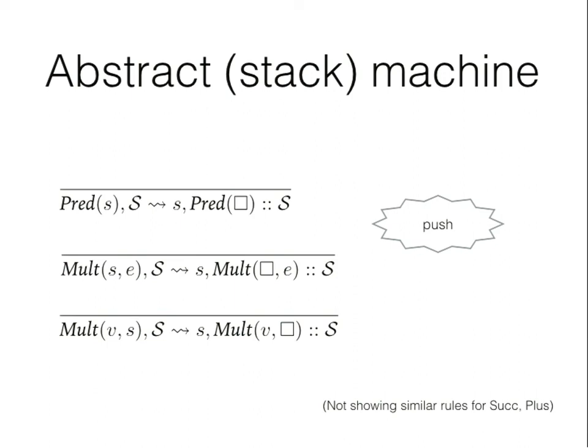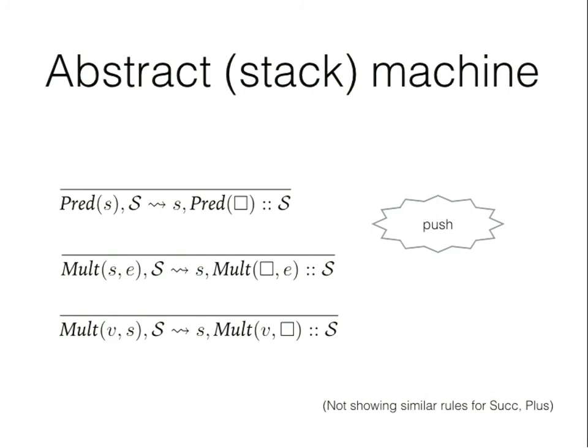And it's building up that context in a kind of inside-out way. If you read that list of frames from the beginning of the list to the end, then that's looking at the context from the innermost part to the outermost part. So there's a correspondence between the stacks and the evaluation contexts.